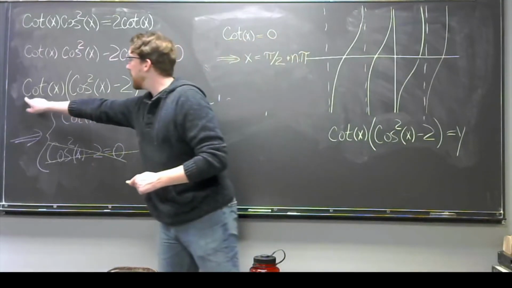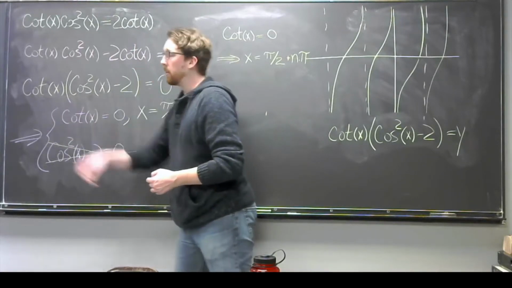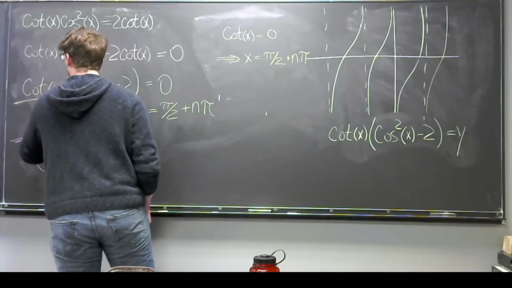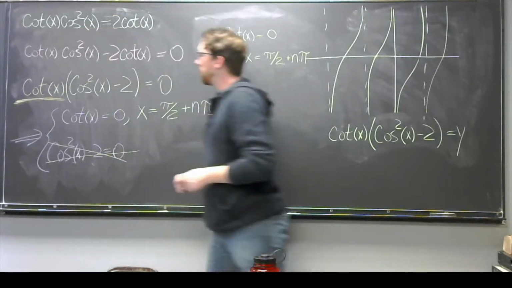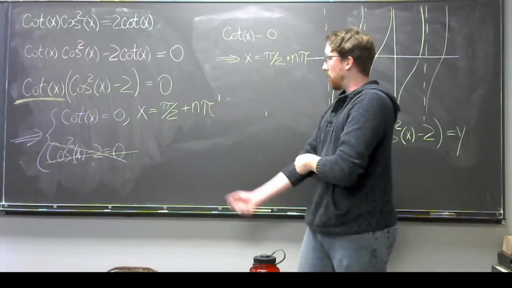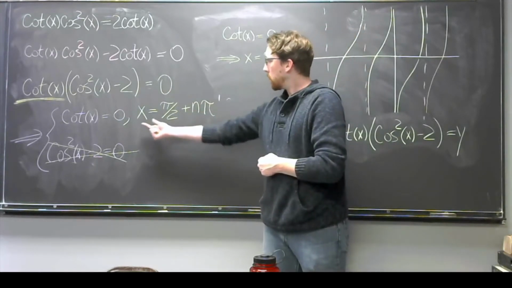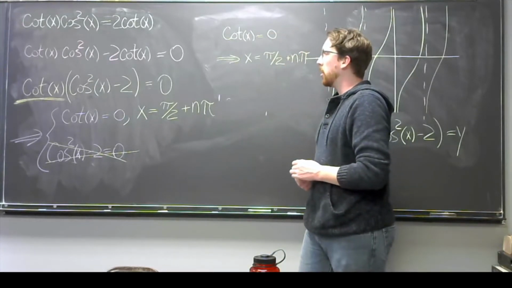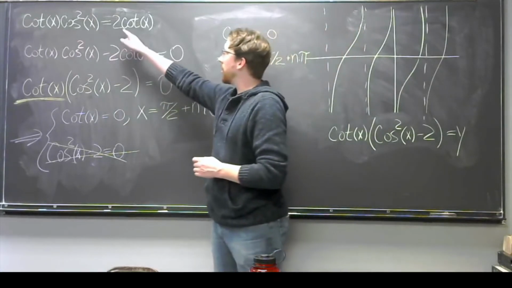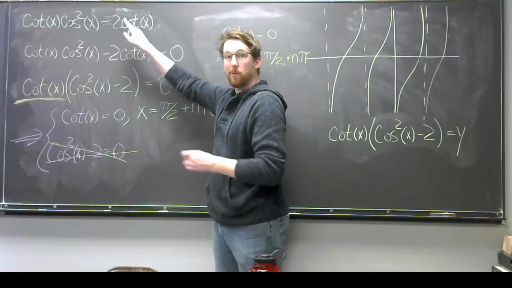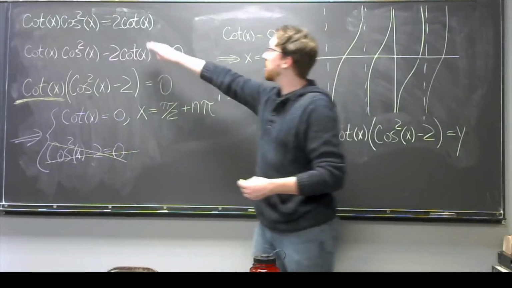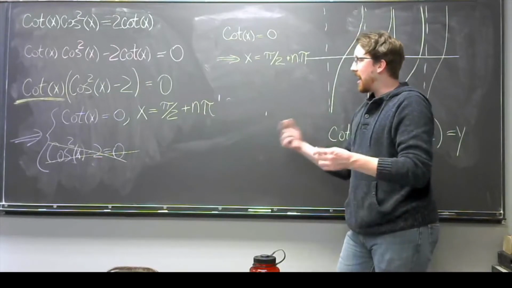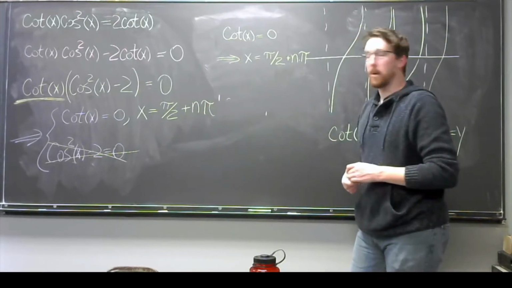But this part can. And that part is only equal to 0 when x is equal to pi over 2 plus n pi. So the solution for what x values make this true is x is equal to pi over 2 plus n pi.